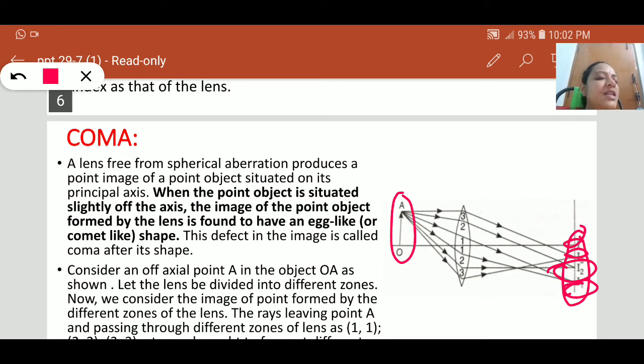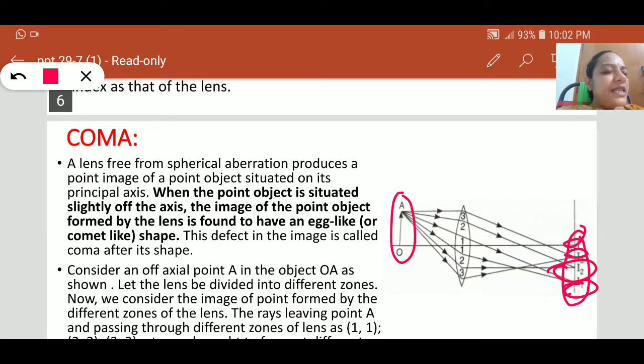This defect in the image is known as coma due to its shape. So this is the difference between spherical aberration and coma.